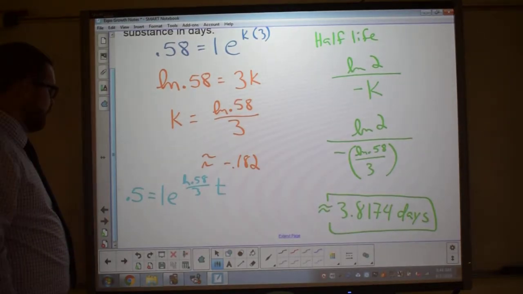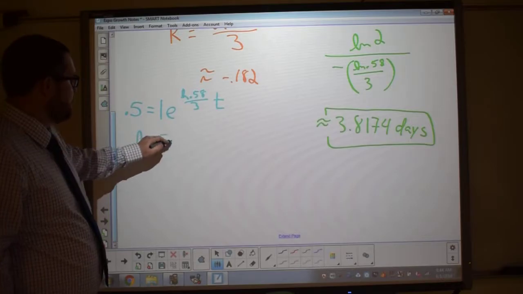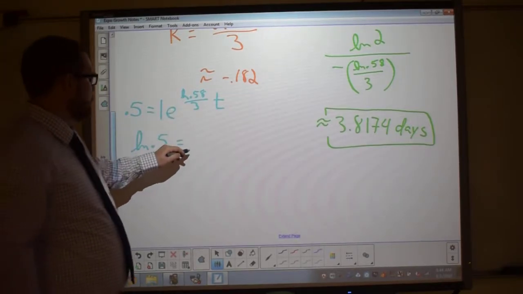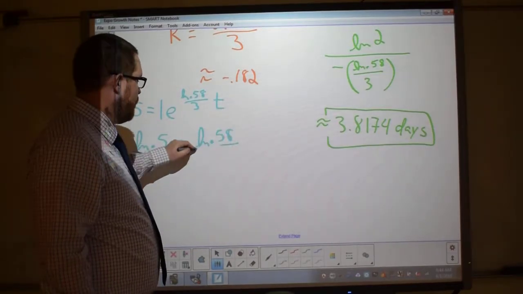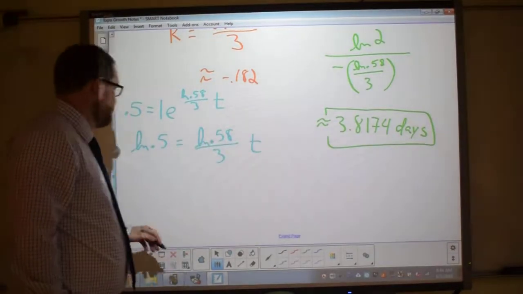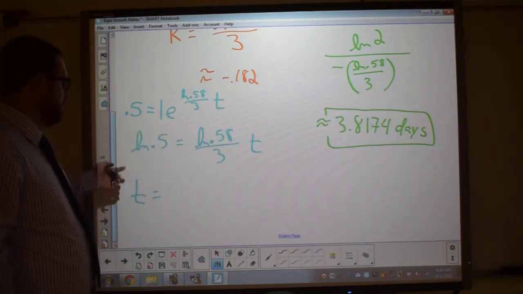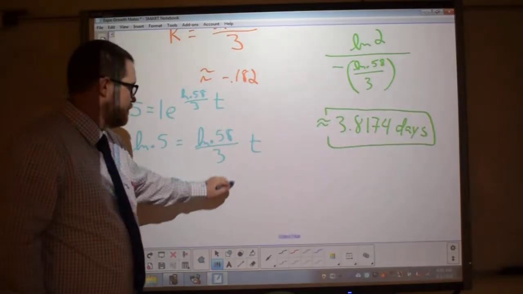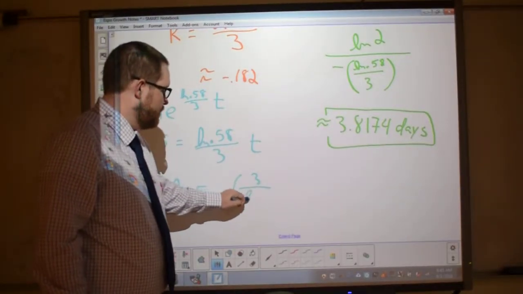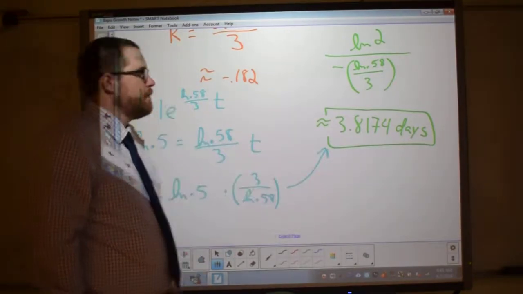By taking a natural log of both sides, you'd have natural log of 0.5 equals, the e and the natural log will cancel out, so it's natural log of 0.58 over 3 T. So T equals, instead of dividing this fraction, I'm going to multiply by its reciprocal, so natural log of 0.5 times 3 over the natural log of 0.58. And it will give you the same answer.